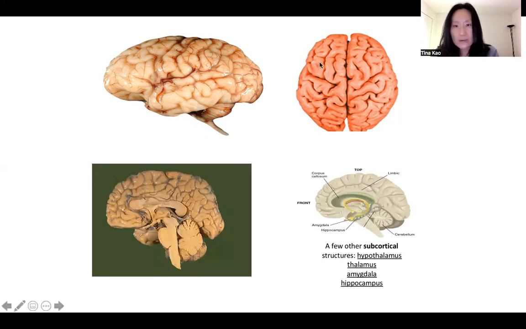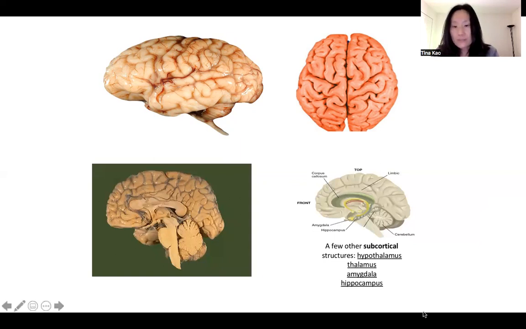Underneath this cortex, if you were to chop the brain in half at this midsection, underneath the cortex is subcortical tissue. The cells are neurons and glial cells. And a lot of the subcortical tissues, if I say these terms like hypothalamus, thalamus, amygdala, hippocampus, this just means that there's a group of neurons in the subcortical tissue that we in psychology have discovered that function for different cognitions and behaviors.